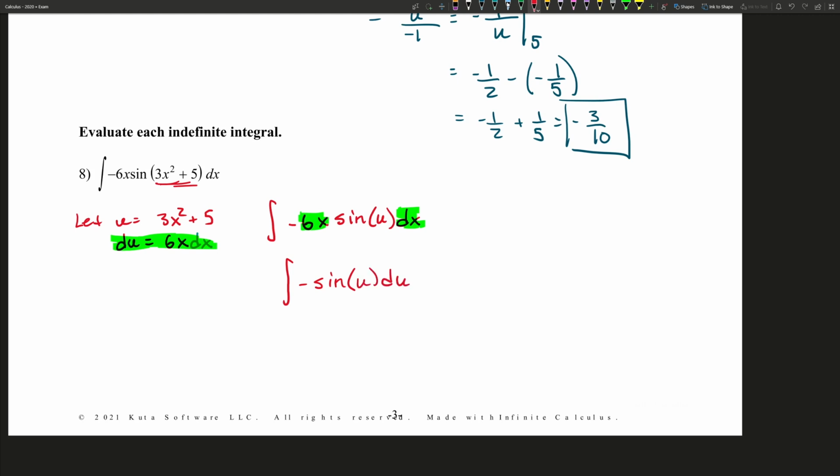Which then is something we can kind of handle. So this is the negative integral of sine of u du.